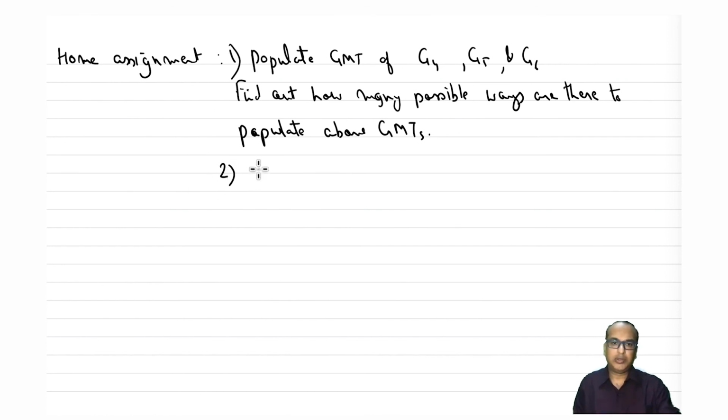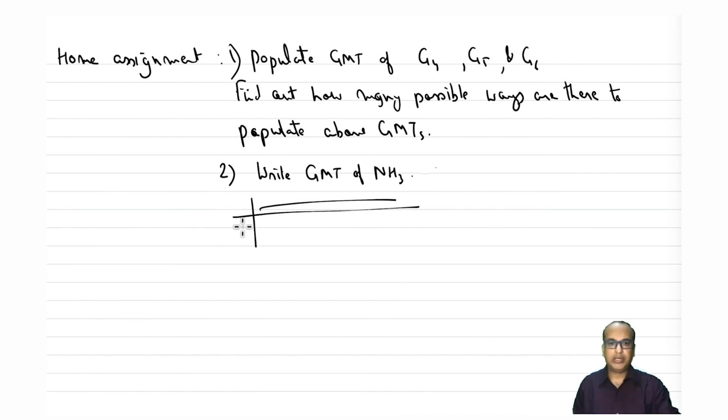Also, do write the GMT of NH3. Try to find out what the point group is and what the symmetry operations are. List down all the symmetry operations and then find all the products of these symmetry operations to populate the GMT.